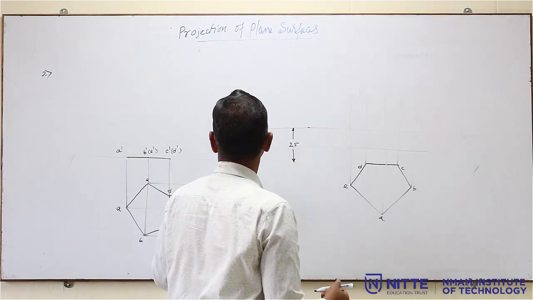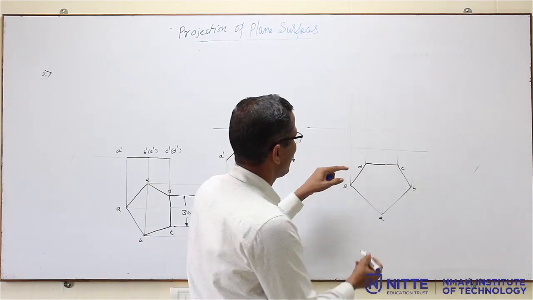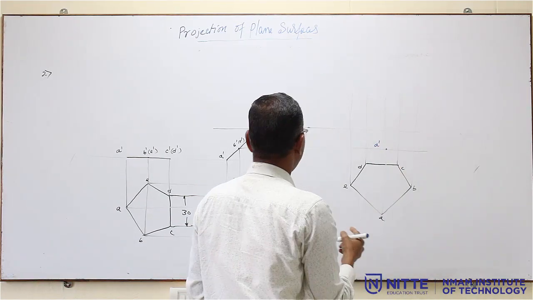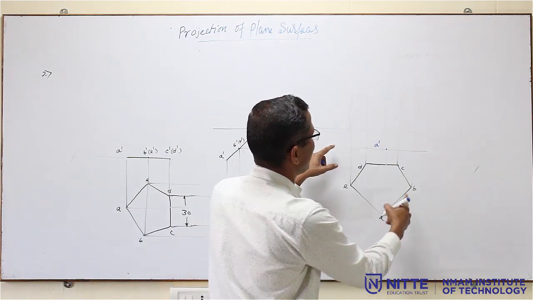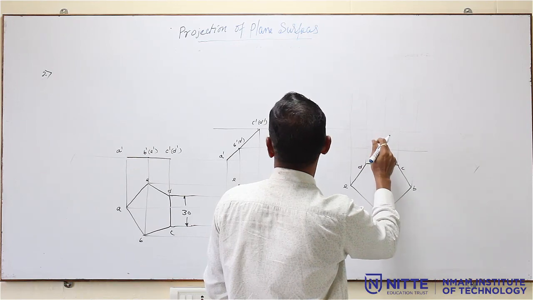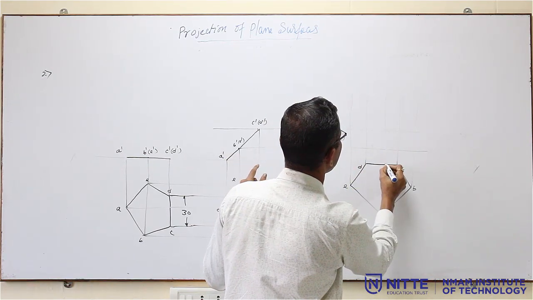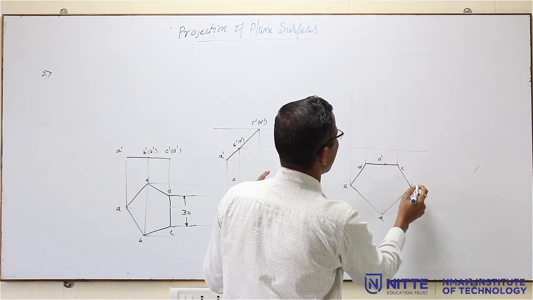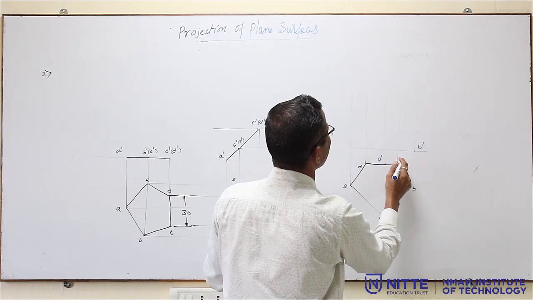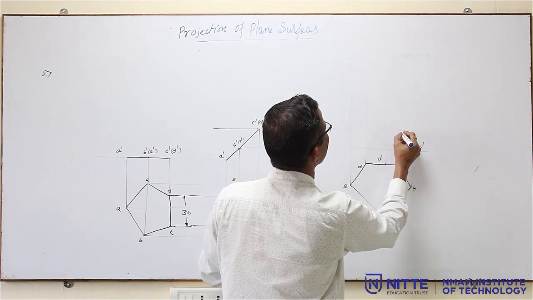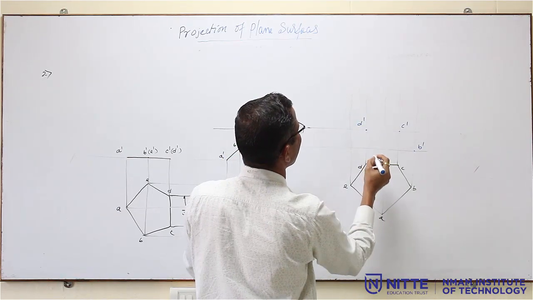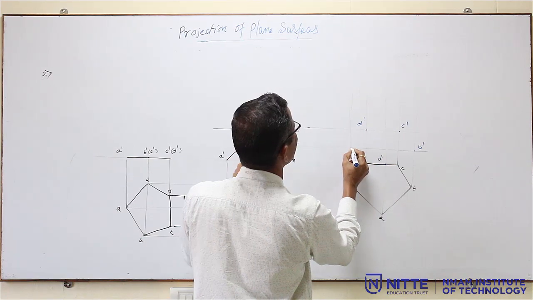Start from A dash, it is in this line and A is here. So this is A dash, and B dash is here and B is in this line. So this is B dash, C and C dash, this is D dash and E dash.